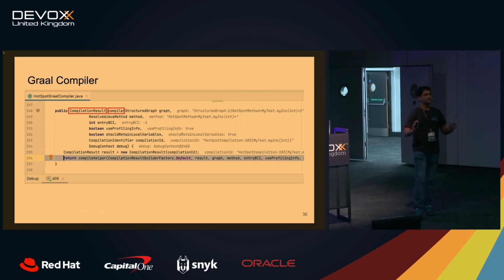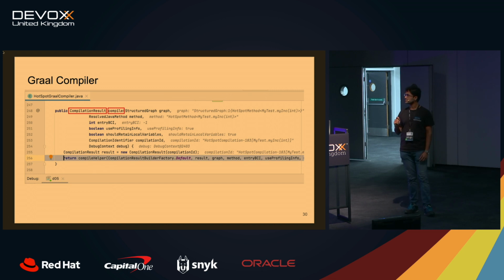Okay, so now we want to figure out where the sequence of bytecodes goes in and how the sequence of assembly comes out. Here we don't have the byte array as a return value. We have a compilation result. We will see whether that result has a sequence of assembly. And for input, we have this resolved Java method, and IntelliJ is nicely showing here, this is the myTest.myIncrement method.